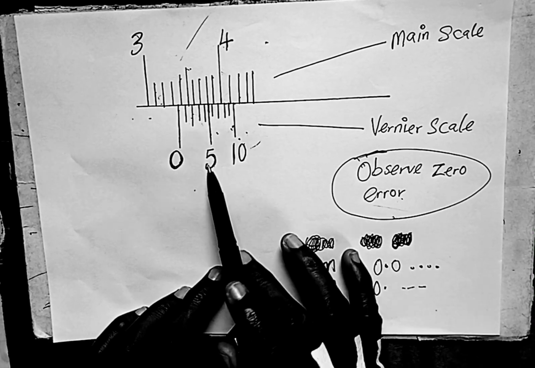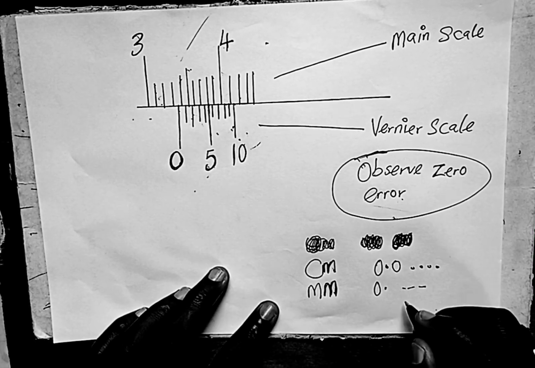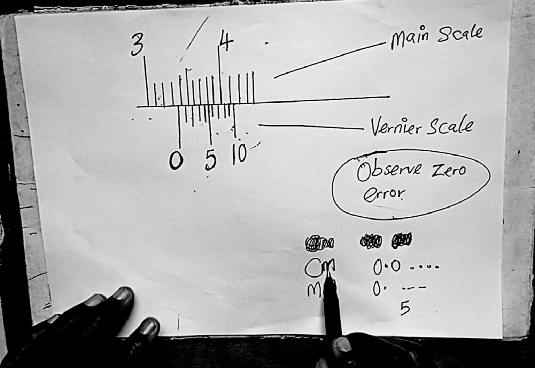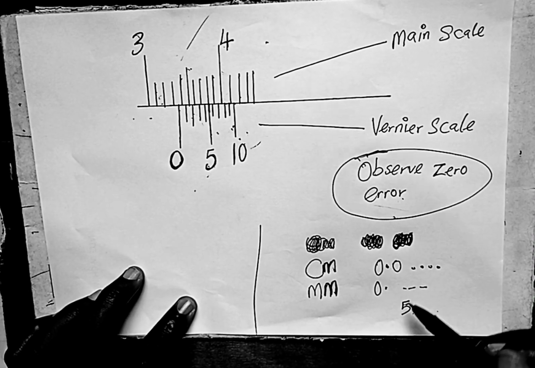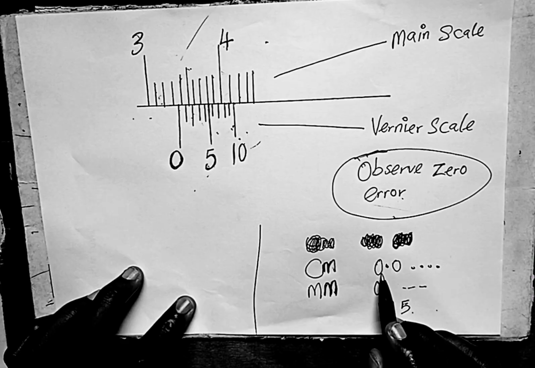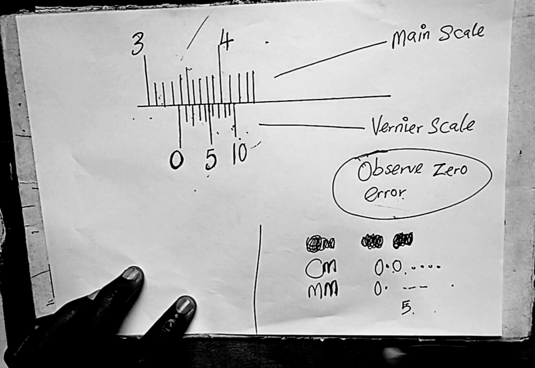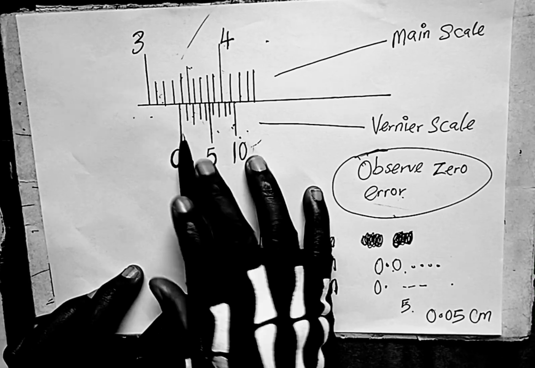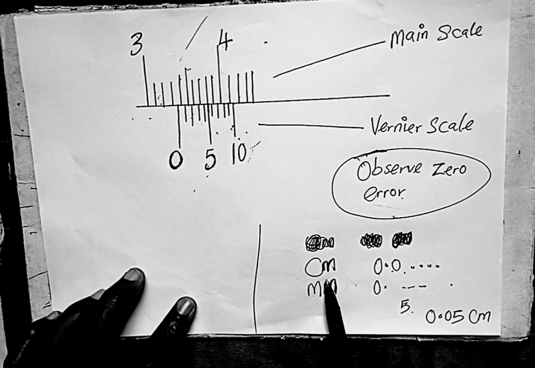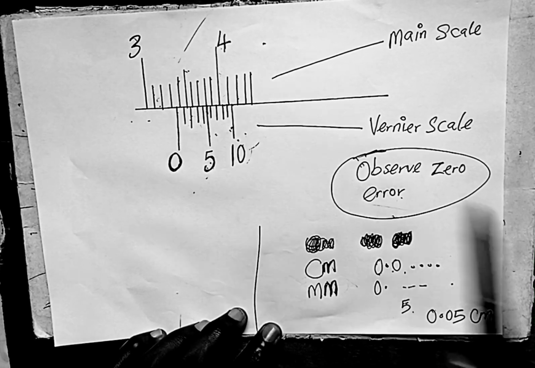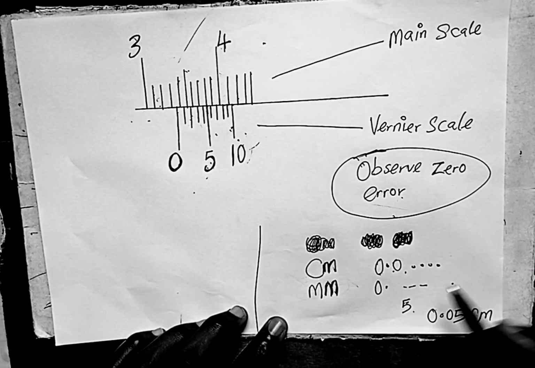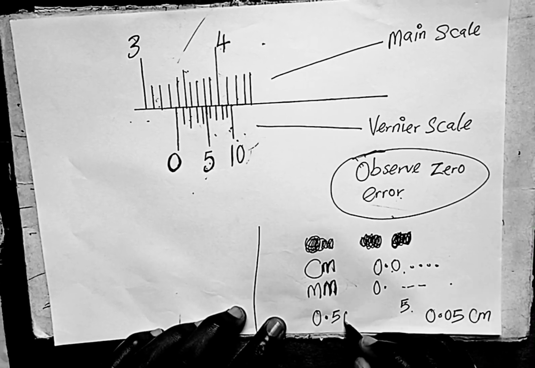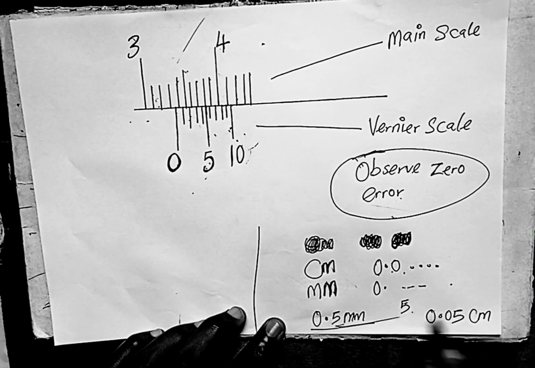For example, let's say here in this Vernier scale you read 5, and it's in centimeter. You are going to write 0.05. So you are left with 0.05, that's the reading in centimeter for the Vernier scale. But if you are reading in millimeter and you got 5 in your reading, you will write it as 0.5 millimeter. As easy as that.